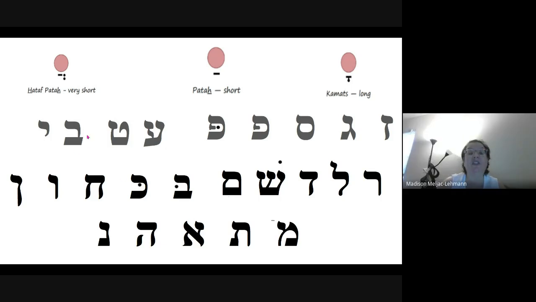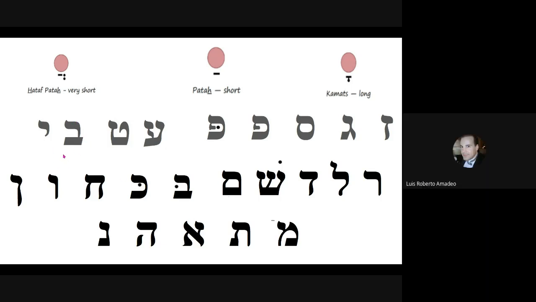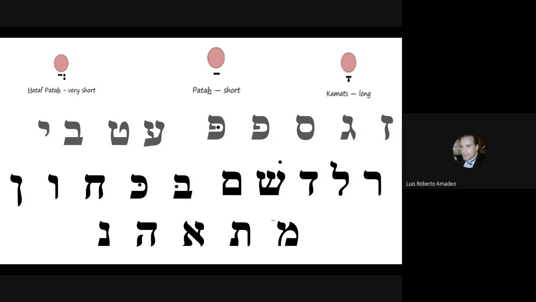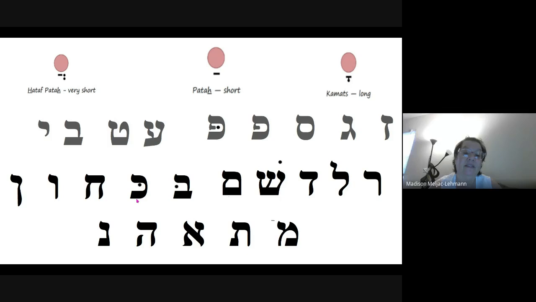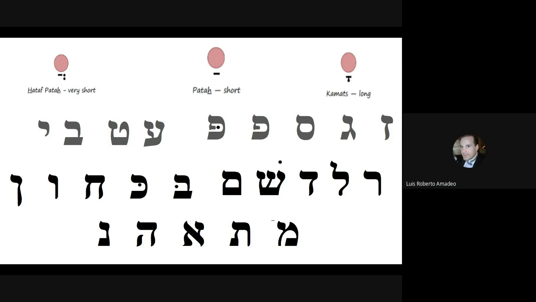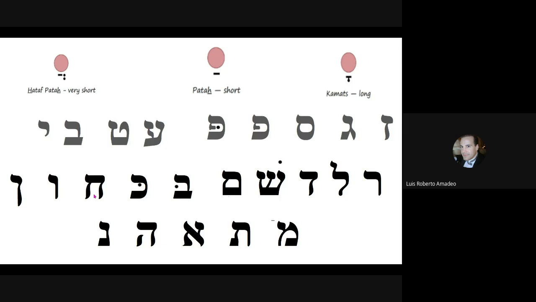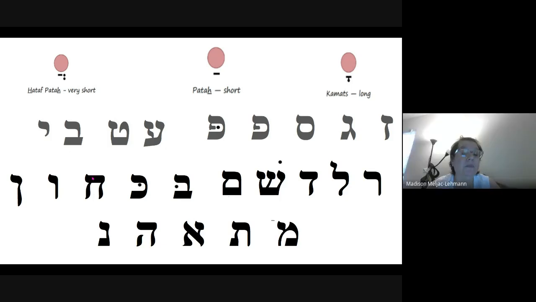Okay. Do you remember what this one was right here? Is that Bet? That's Vet. But now we're going to put the ball on it. So it makes it what? Bet? Yes. Okay. And then is that Kaf? Yes. Okay. And that's Dalet? No, this is like a house, but it's closed up.